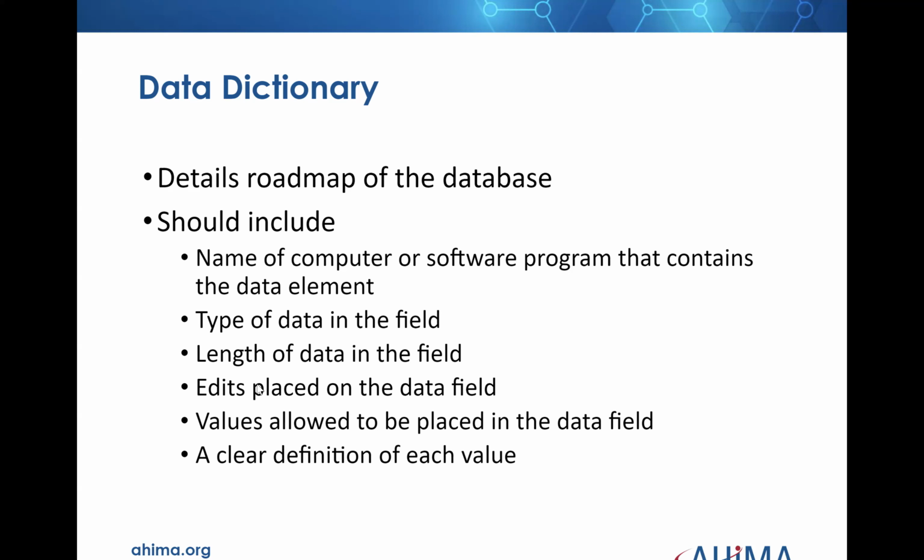Or is it in 8? 2 for the month, 2 for the day, 4 for the year, right? So it spells out all these different types of things. It talks about the length of the data in the field, values that are allowed to be placed in a data field. So in other words, if you're saying it's a date field and you start to put currency, it's not going to work.